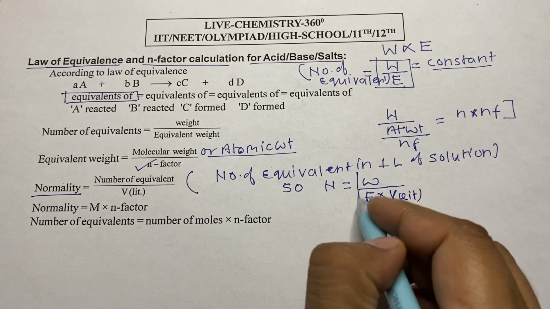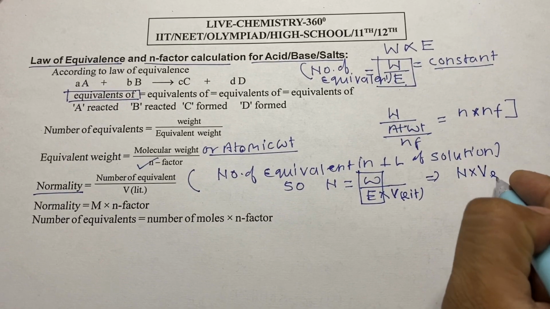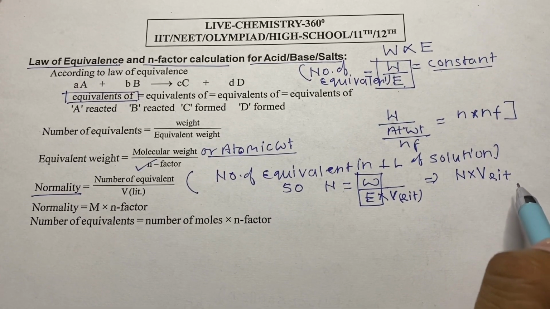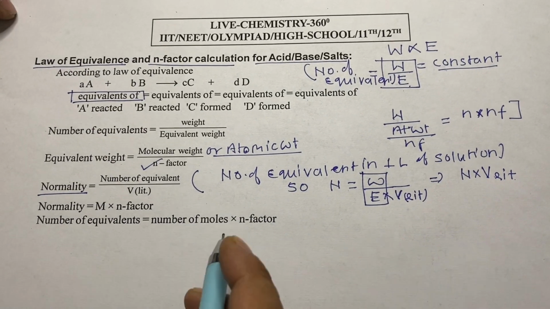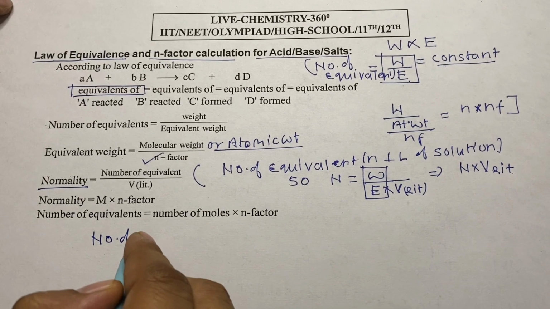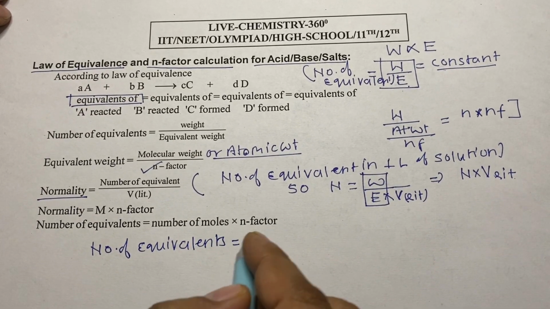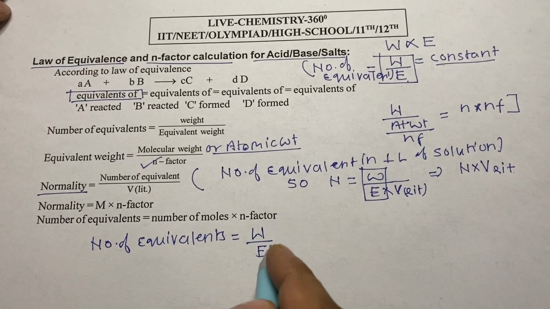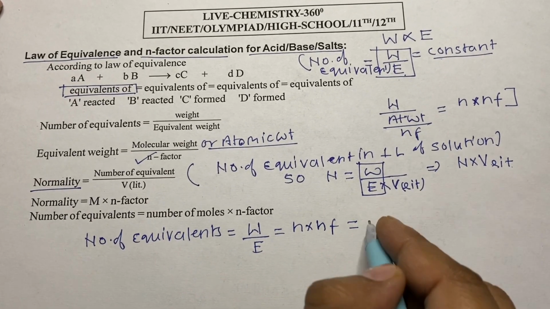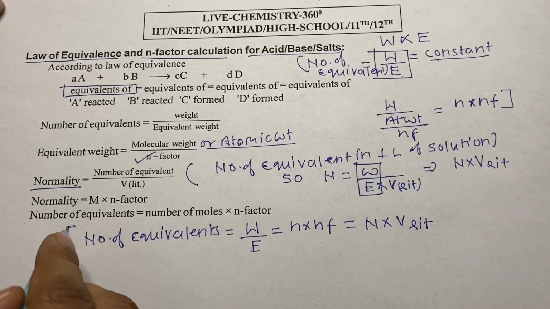Again, W by E we can write as normality into volume in liter. So normality into volume in liter also represents the number of equivalents. So we have three formulas for the number of equivalents. First is W by E, which is equal to n into n factor. That will be equal to normality into volume in liter, right?